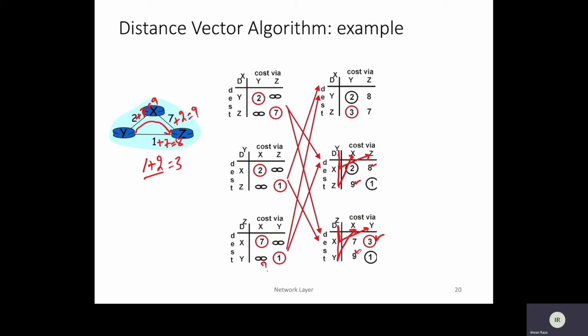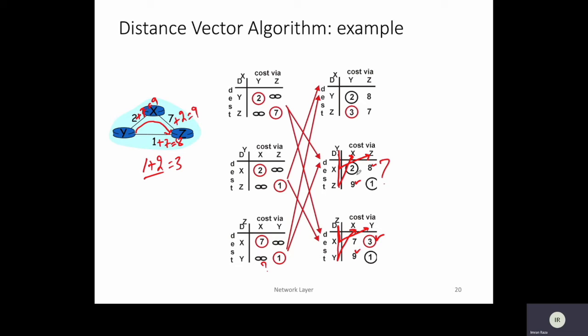Okay. So then in the loop, we wait for the least cost to change to a destination. And yes, this is the case here. What do you think? Which router will send the update message now? Is there any change here in the table of Y? No, I mean, in terms of the least cost.